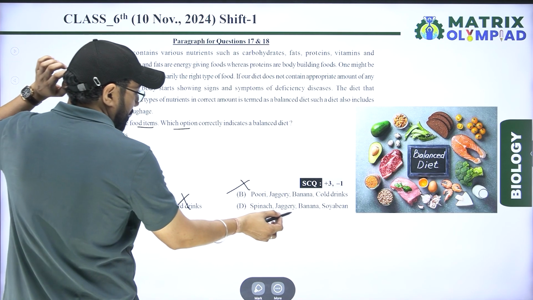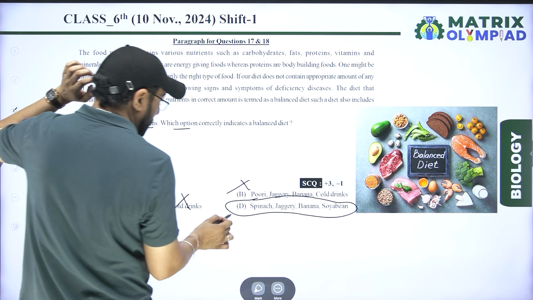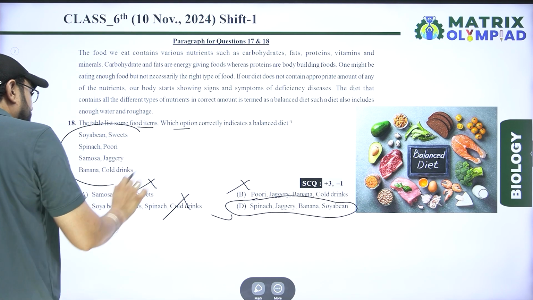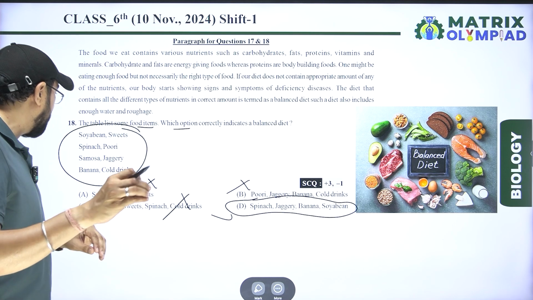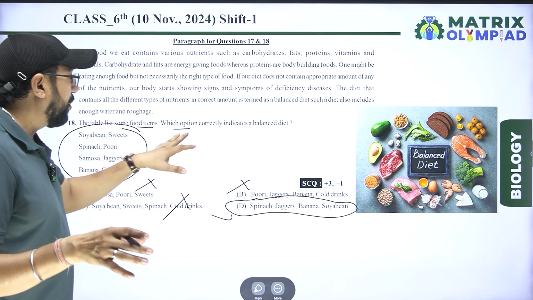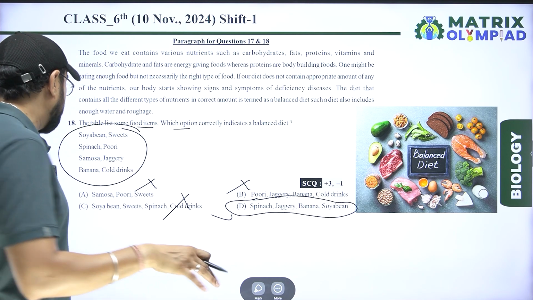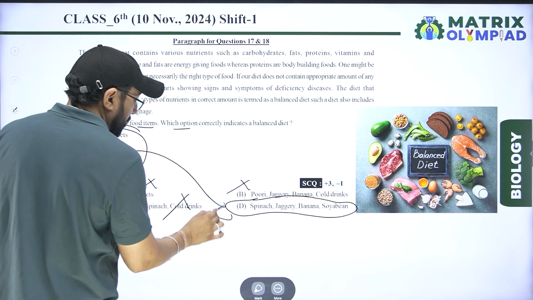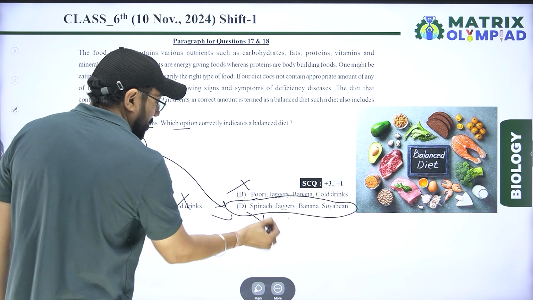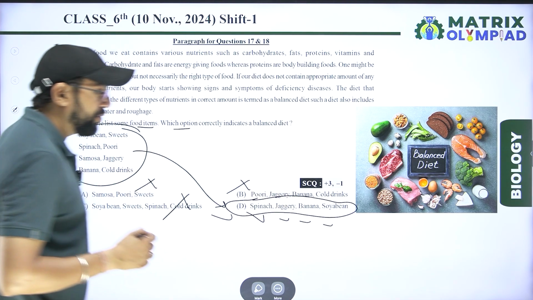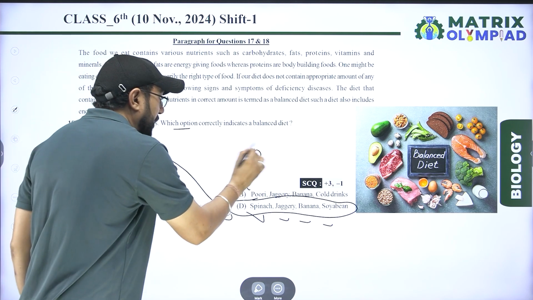Spinach, jaggery, banana and soybean, that is right according to this example. These are examples for balanced diet, and we select the correct option: spinach, jaggery, banana and soybean for balanced diet. Right answer is option D.